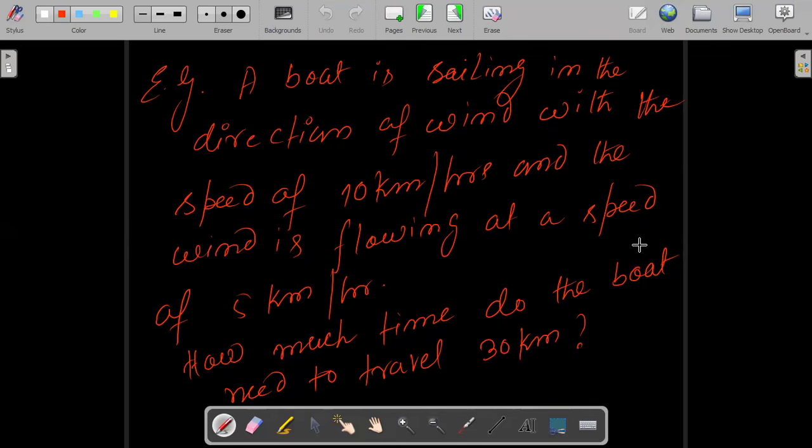Can the negative speed be possible? Practically not.